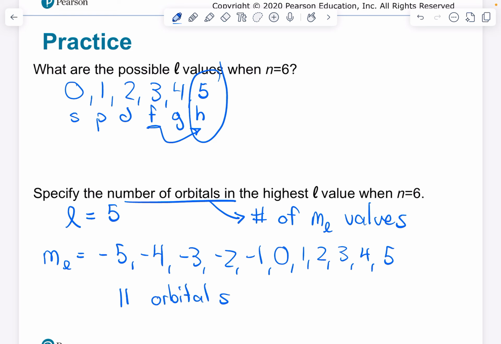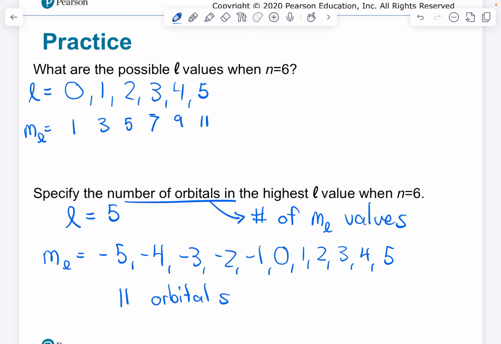The other way you can remember this is that with each additional L value, the M sub L count goes up by 2, and they're all odd numbers. So this one is 1, 3, 5, 7, 9, 11.